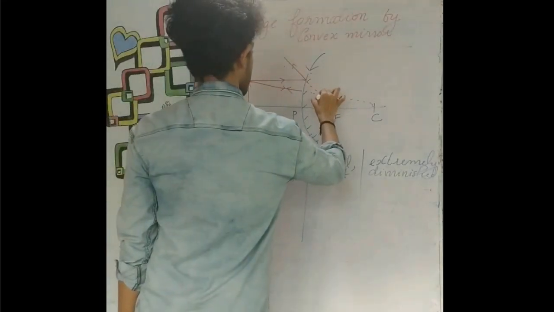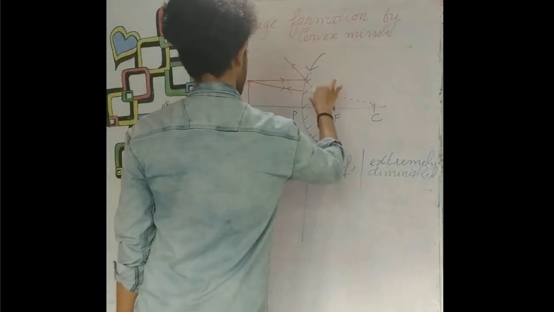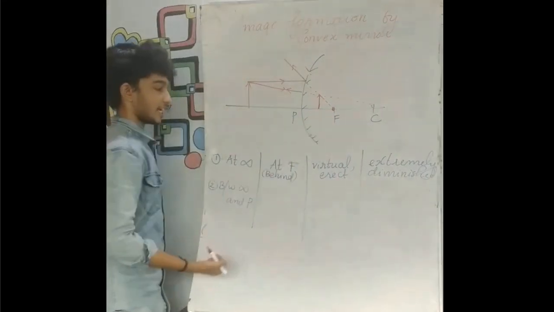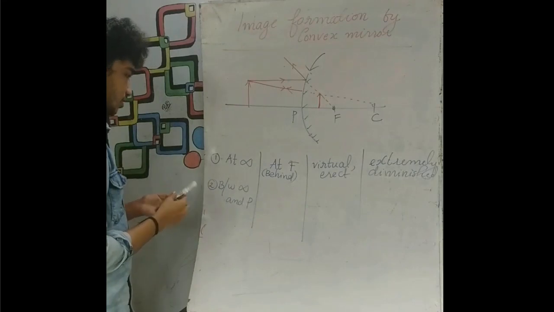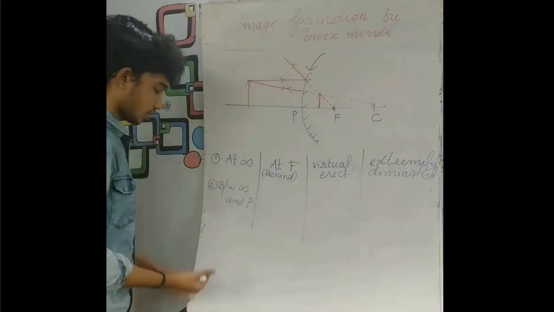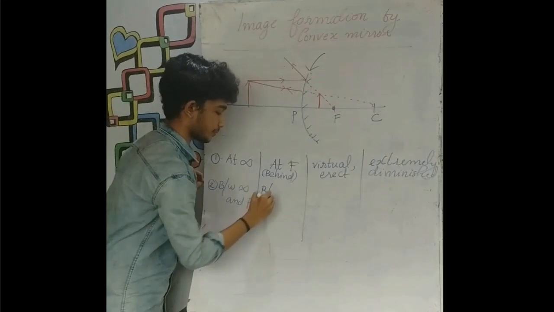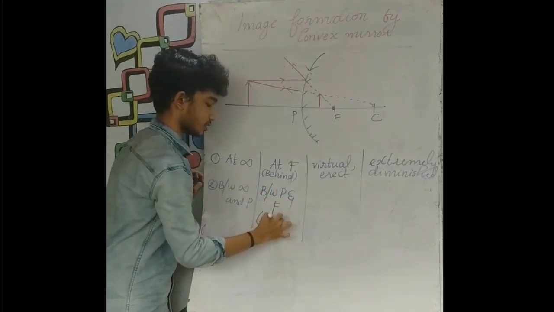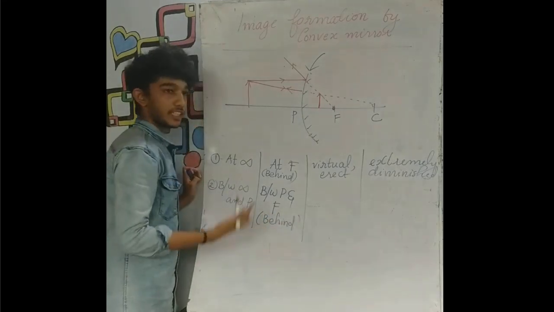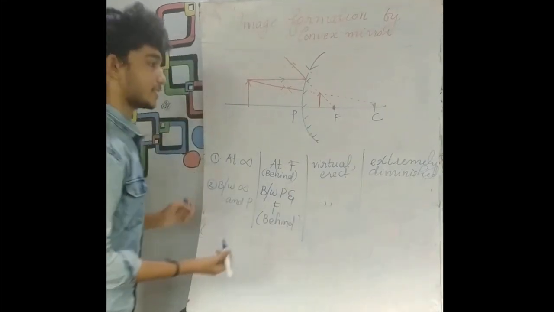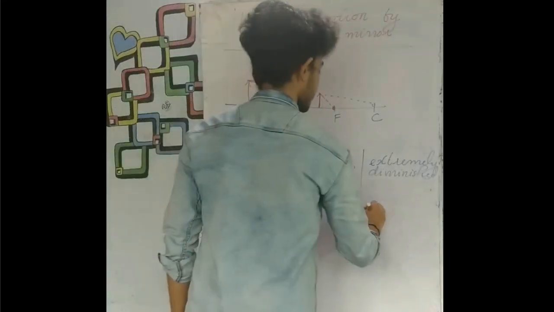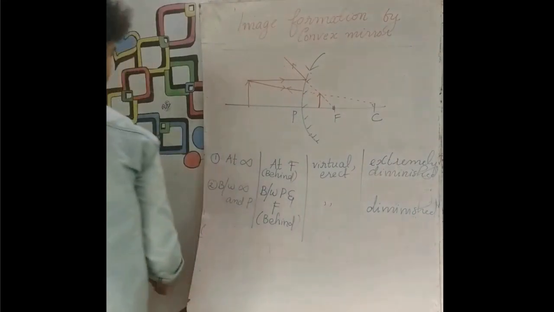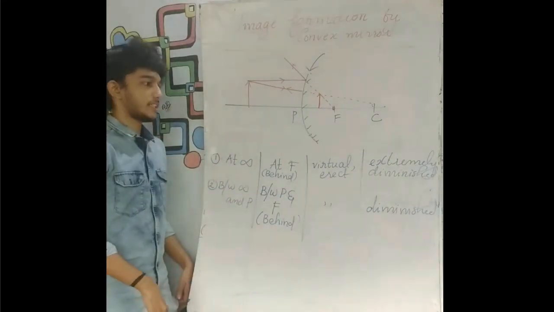That means on extending these two reflected rays, we can locate the position of the image between P and F. So the image is located between P and F. In this case also, it is behind the mirror. Therefore, the nature of the image is virtual and direct. And what about the size? The size is diminished, though not extremely diminished. The size will be diminished with respect to the object.